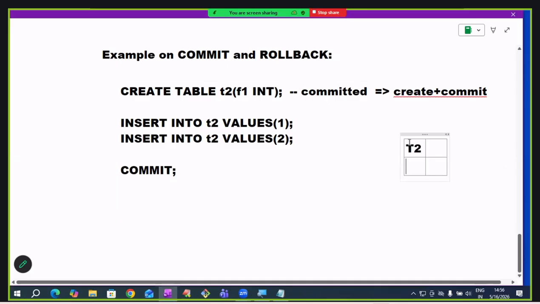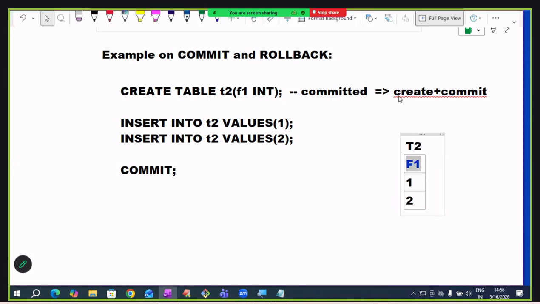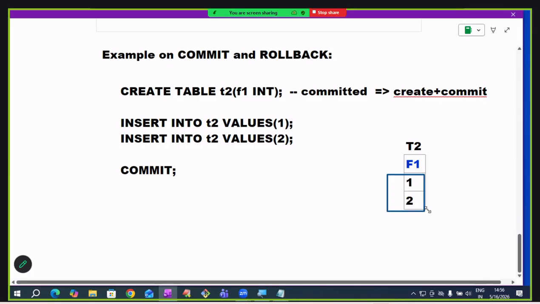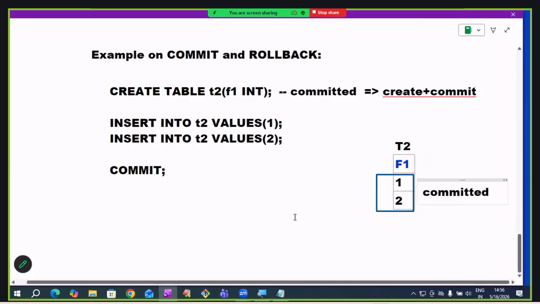The T2 table is created with the F1 column, permanently in the data store. Now this data is committed, which means saved. This data is saved permanently in the database. Till here the data is committed.